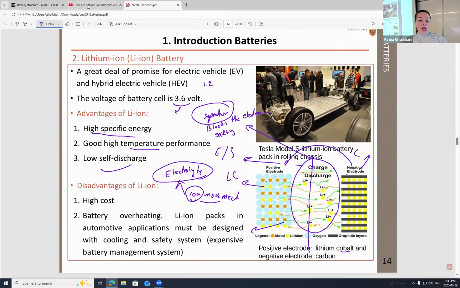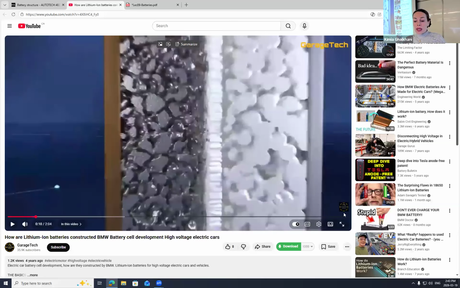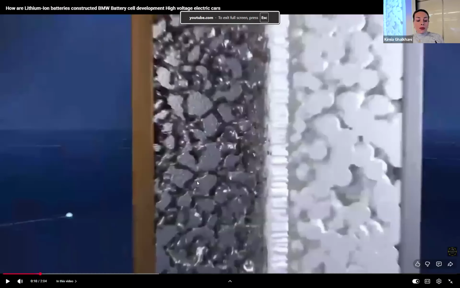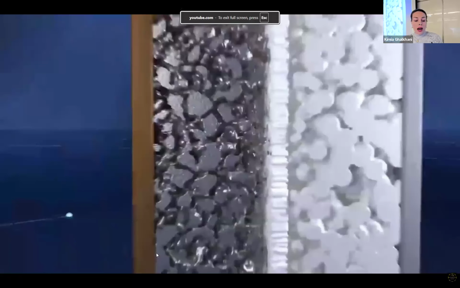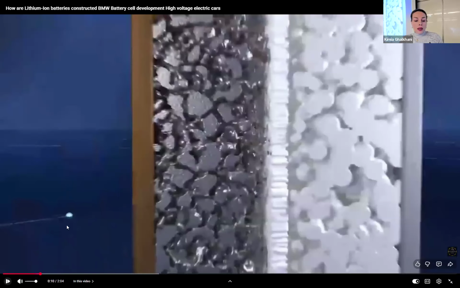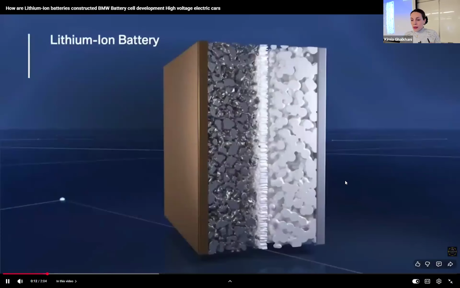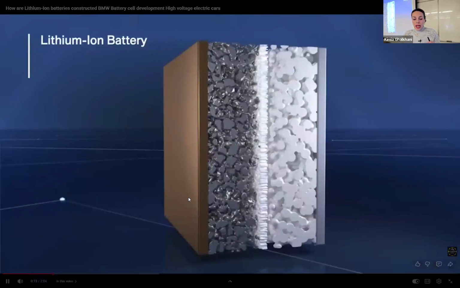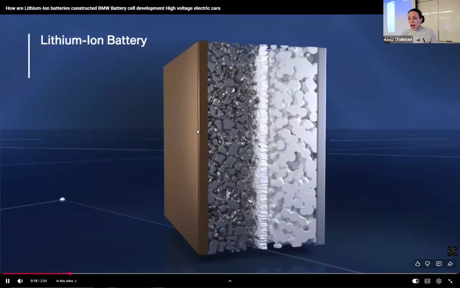So let me show you quickly this video, which is a little bit more detail about the construction of the battery, how the layers are connected, and what is the exact requirement in order to have the batteries to be fully functional. Look at here.